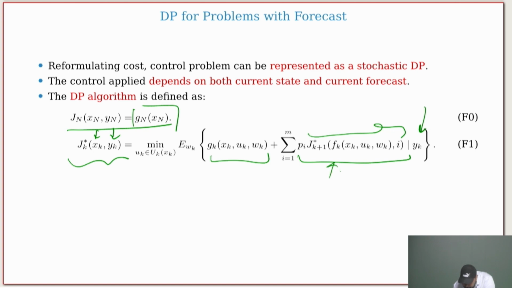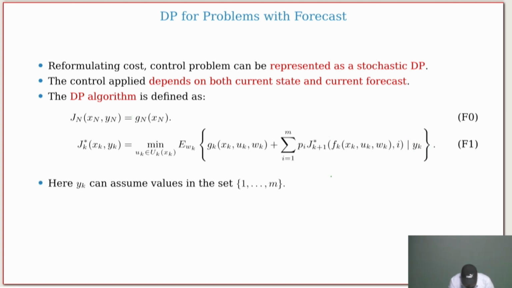Okay, so this is what it means: given the observation yk at the current k, w will follow one of the distributions, and we will take the expected cost according to that distribution here.